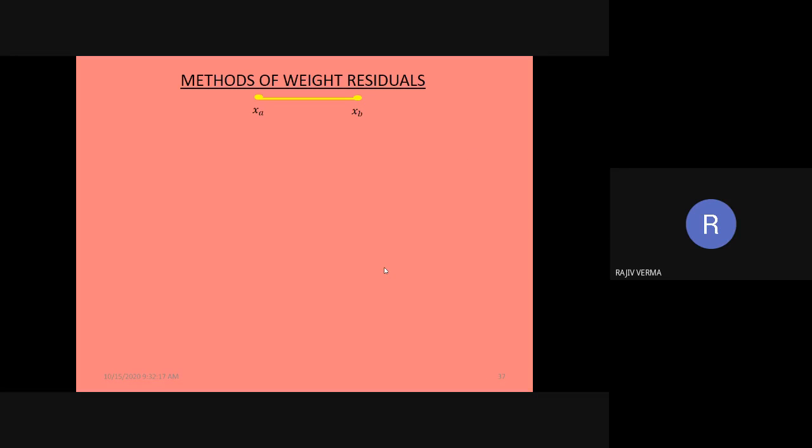And these methods are clubbed under a general category known as methods of weighted residuals.